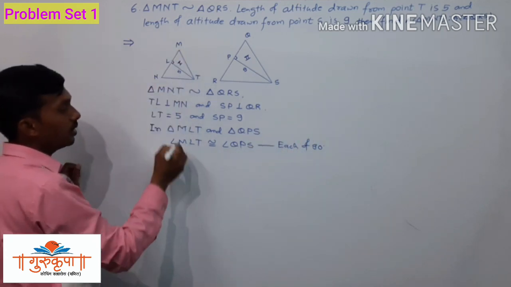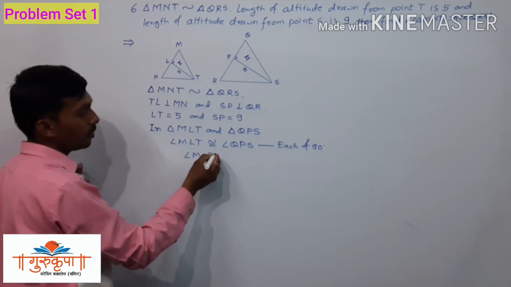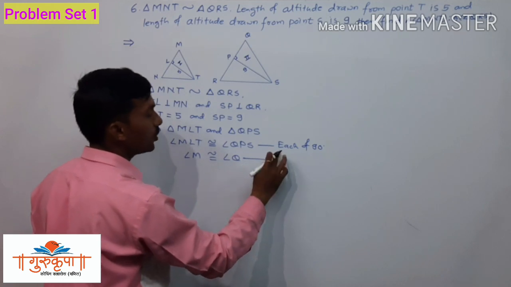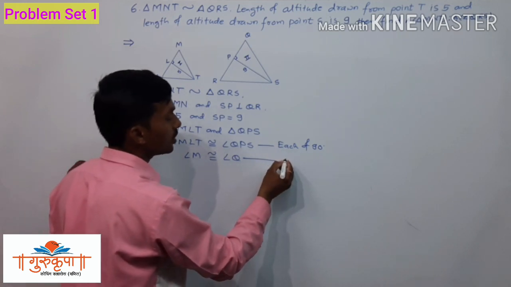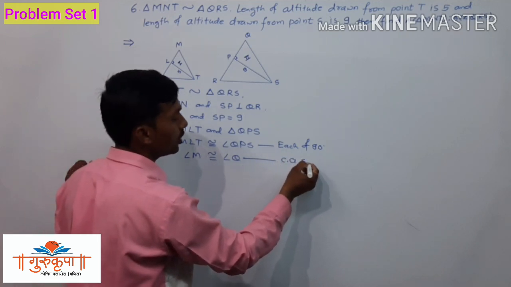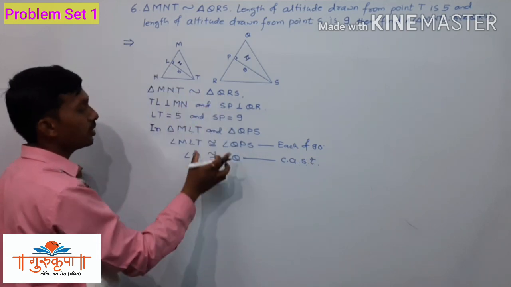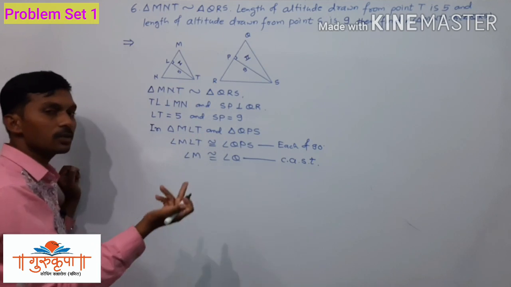Then angle M is congruent to angle Q, and the reason is corresponding angles of the similar triangles. These two triangles are similar to each other and their corresponding angles are also congruent.